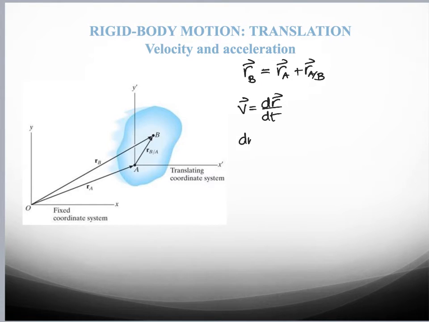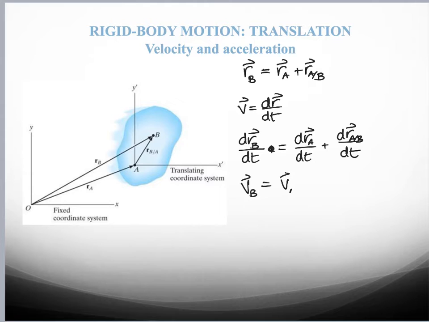So we take the derivative of all 3 of these. The first term gives us the velocity of point B, and the second expression gives the velocity of point A.